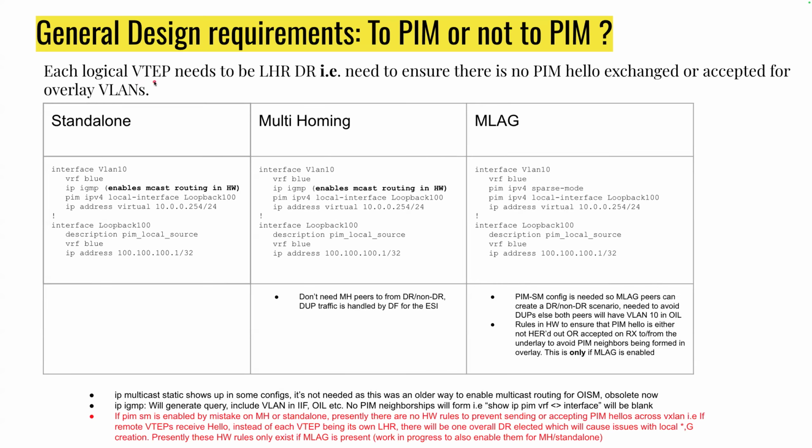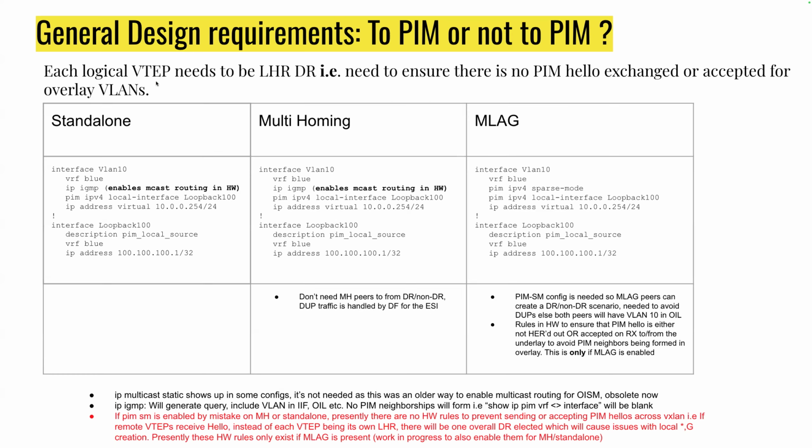That means we should somehow stop sending the PIM hellos over VXLAN in such a way that we are completely avoiding the PIM DR election. Basically, we don't want to create a PIM neighborship in this VLAN between VTEPs.